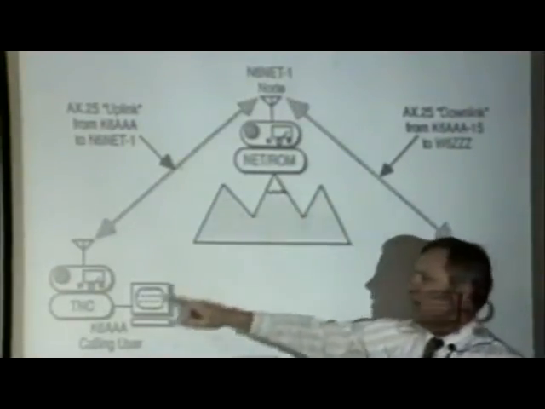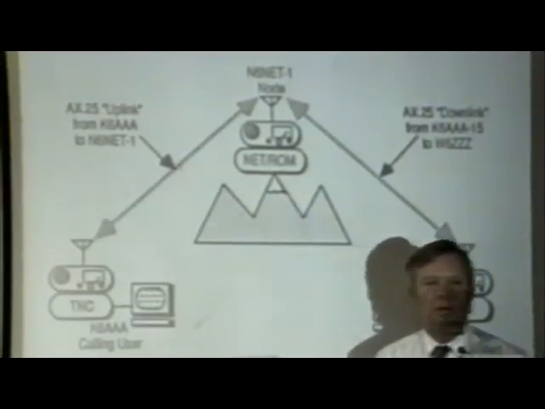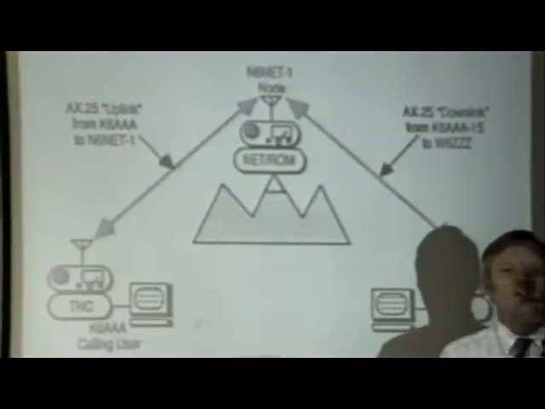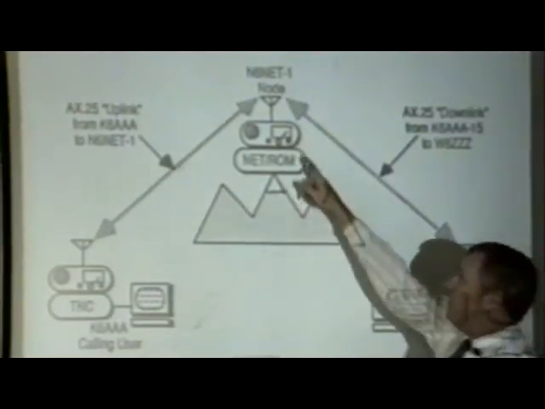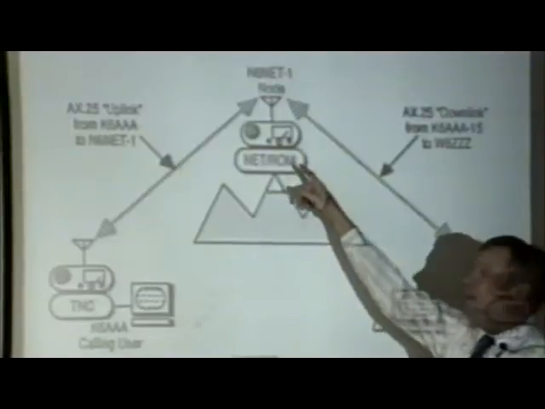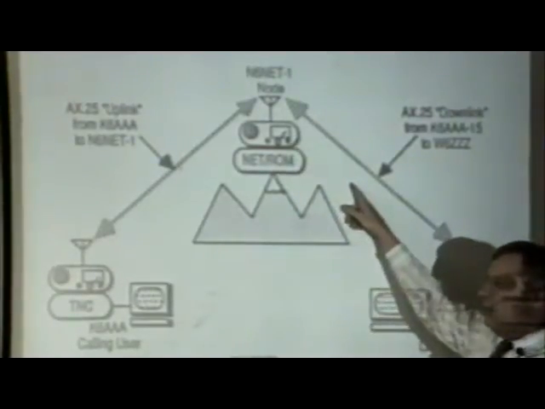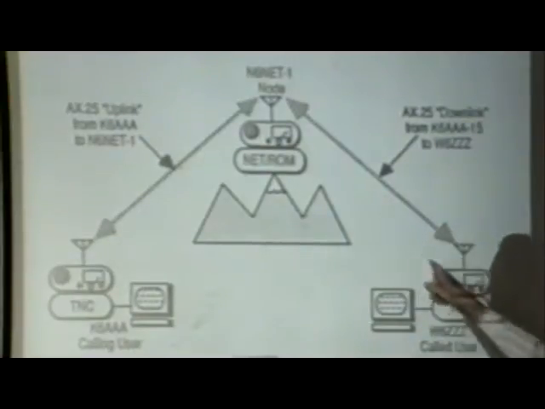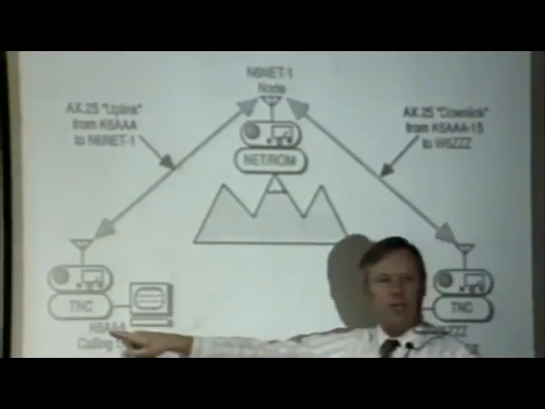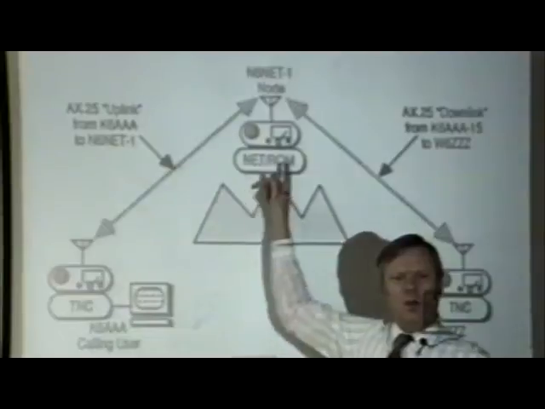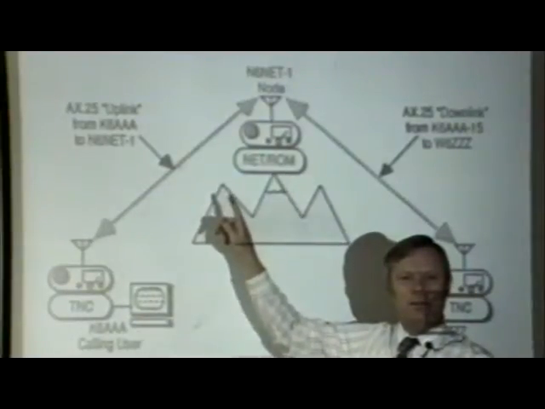TNCs will normally, if there's no SSID behind the call, put a -15 behind the call. Because in the example I just gave you, if he put out K6AAA connect request here, that's going to confuse him. He's going to say, who's doing that? That's not me.